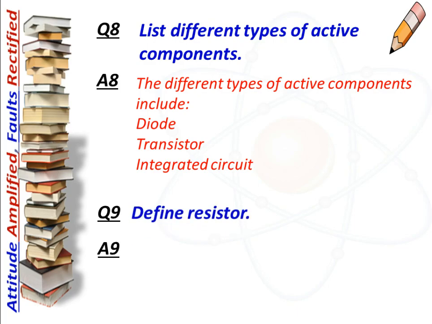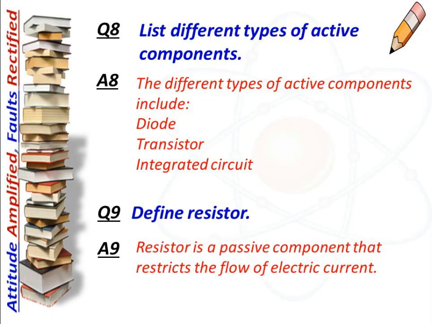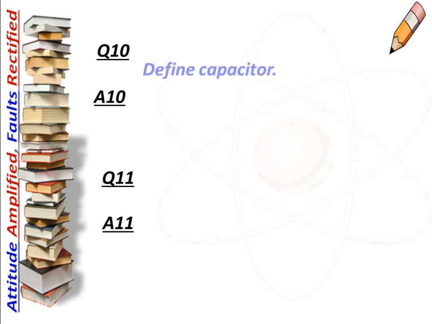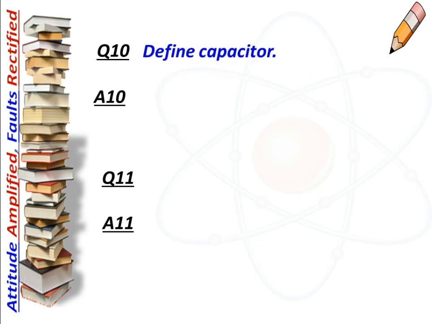Define resistor. The answer is, a resistor is a passive component that restricts the flow of electric current. The next question is, define capacitor.